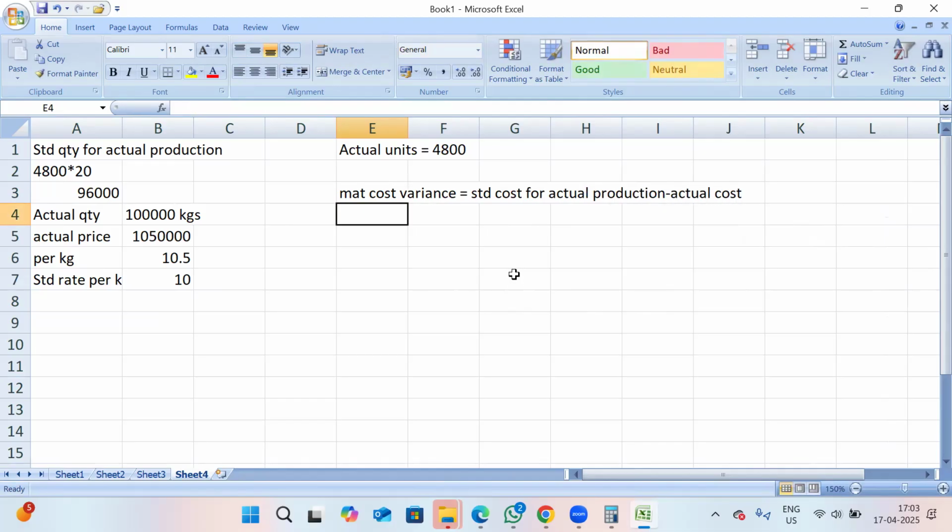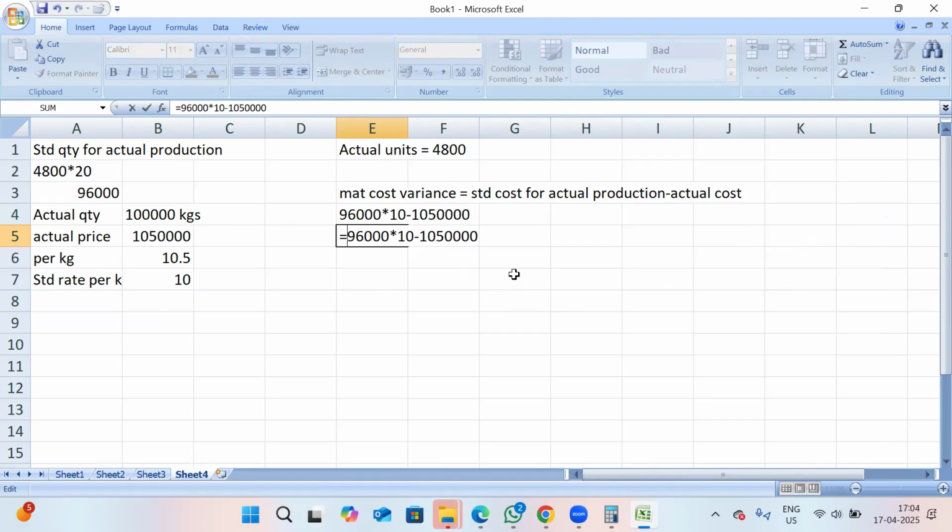Here, the standard cost for actual production: I require 96,000 units, so my standard cost will be 96,000 into 10 rupees per kg, minus actual cost of 10 lakh 50,000. So I will get 9 lakh 60 minus 10 lakh 50, so 90,000 adverse. So cost variance is adverse. Okay, fine. Let's move on to the next variance.